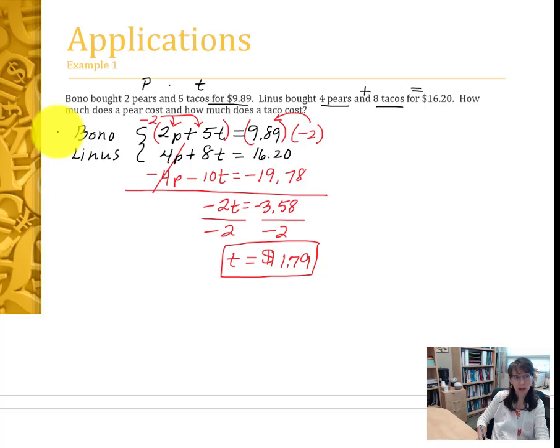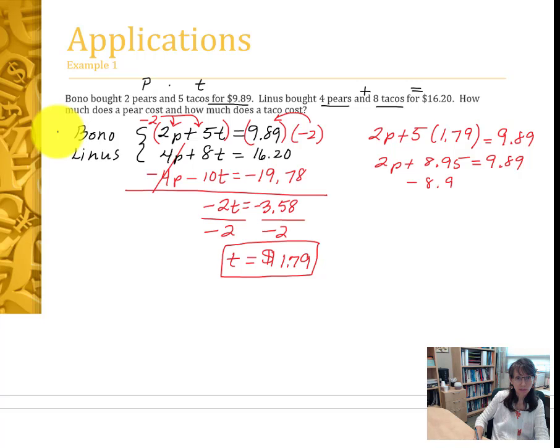Once you know the price of the taco, you can substitute 1.79 for t back in either one of the original equations. So I'll just go back to the first equation. 2p plus 5 times the price of the taco equals $9.89. So 2p plus $8.95 equals $9.89.